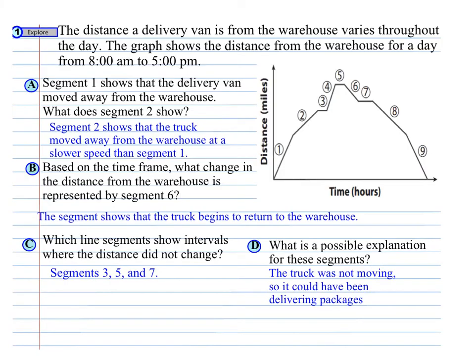So on this slide, these are the answers that we came up with after our little discussion. Remember, the question said that the distance a delivery run is from the warehouse varies throughout the day.